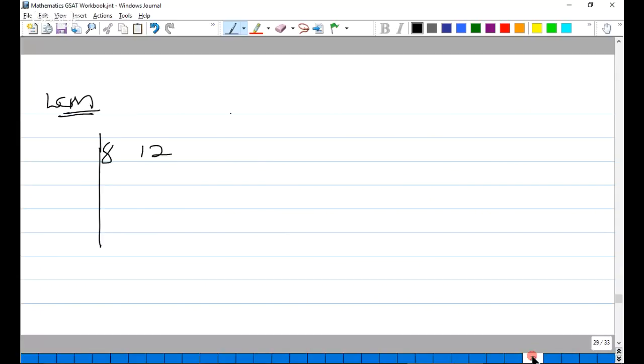And we look now at the LCM, multiples. So let's go with this one. Find the LCM of 8 and 12. So it says list.